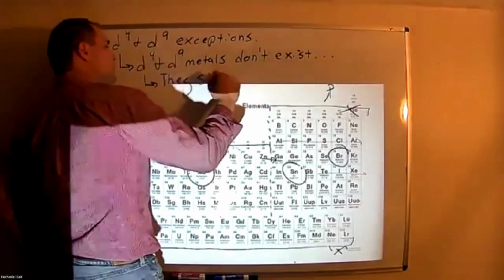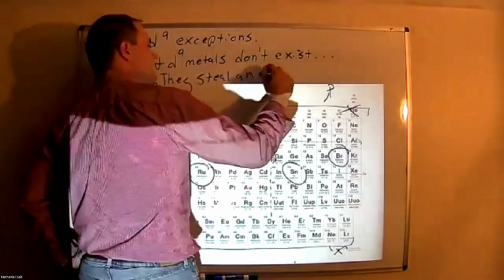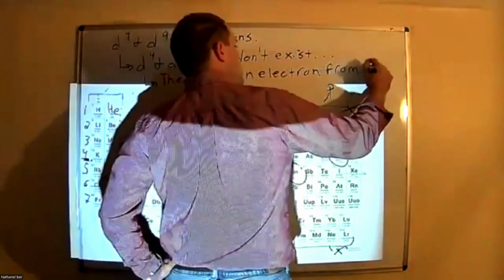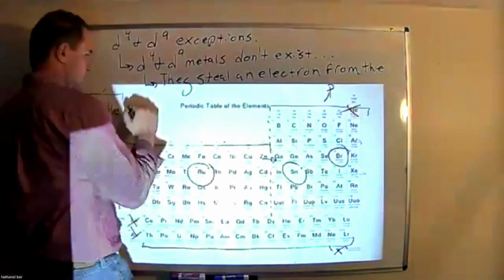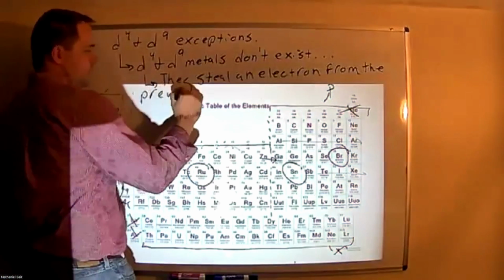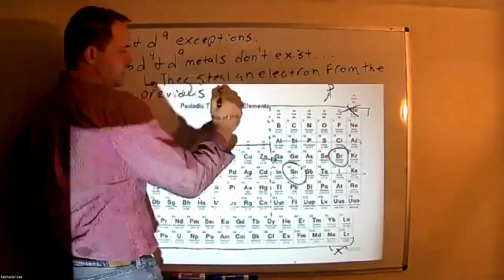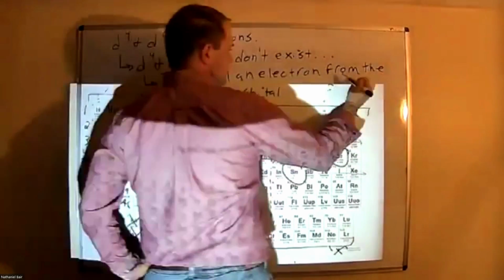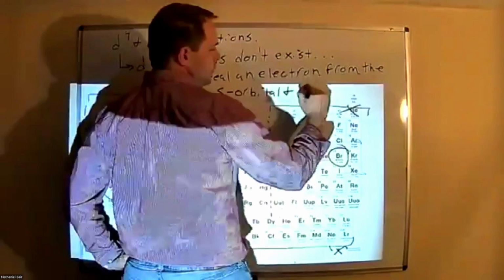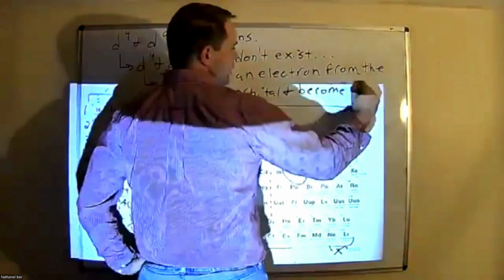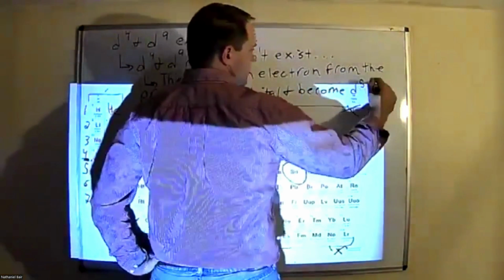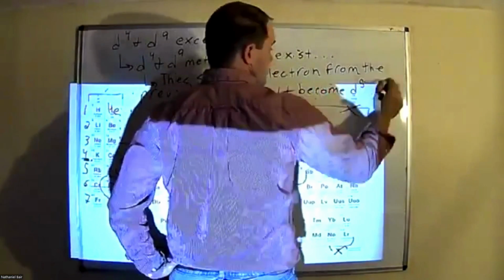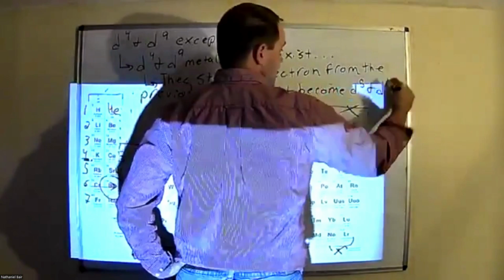They steal an electron from the previous S orbital and become D5s and D10s.